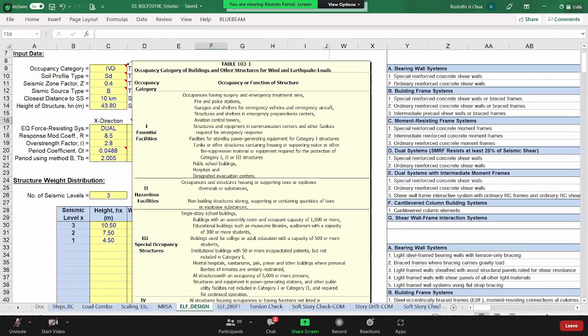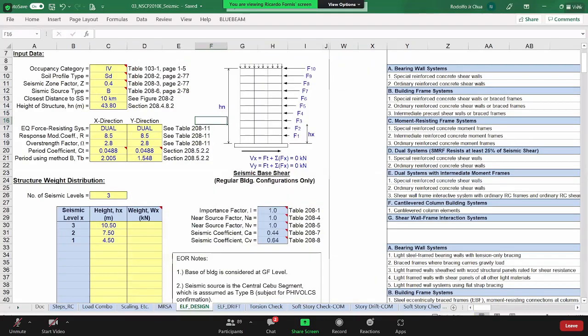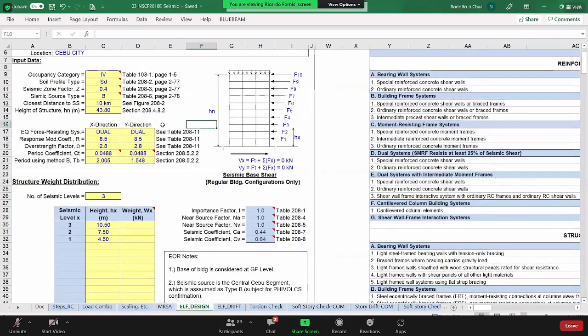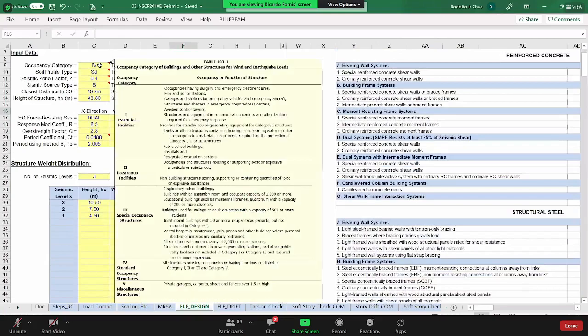The third level is the special occupancy. Special occupancy structures are for single-story school buildings. The typical school building in our elementary schools, especially in the province, where single-story school buildings are common. So those are part of the special occupancy.